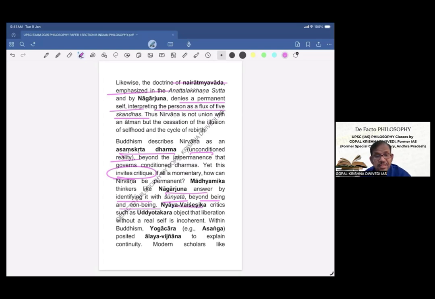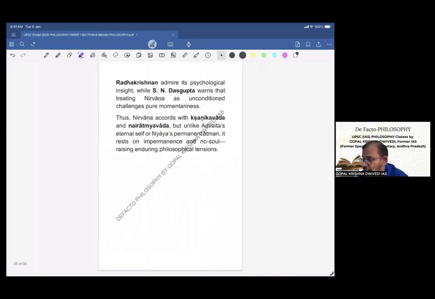Nyaya critics such as Uddyotakara object that liberation without a real self is incoherent. Within Buddhism also, the Yogacharas, that is Asanga, one philosopher, posited alaya vijnana to explain continuity. Modern scholars like Radhakrishnan admire its psychological insight, while Dasgupta warns that treating nirvana as unconditioned challenges pure momentariness.